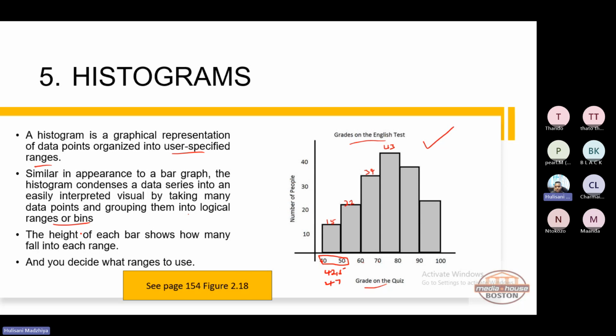Here it says that the height of each bar shows how many fall into each category, and you decide what range to use. You decide the range based on the repetition in terms of the place values. If your data is sitting mostly in the tens, then you can group your data by tens, from 10 to 20, 20 to 30.